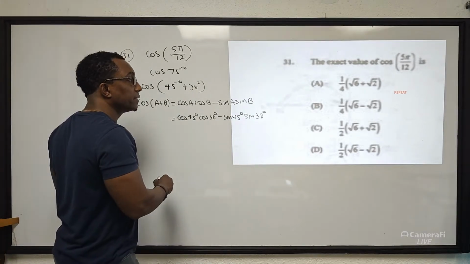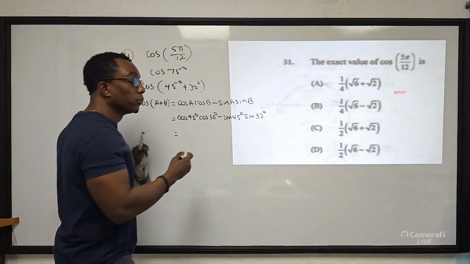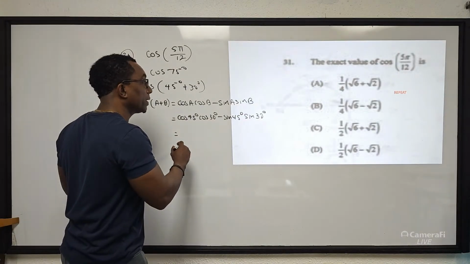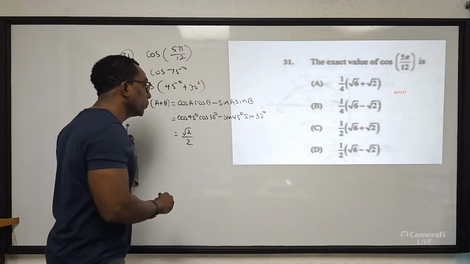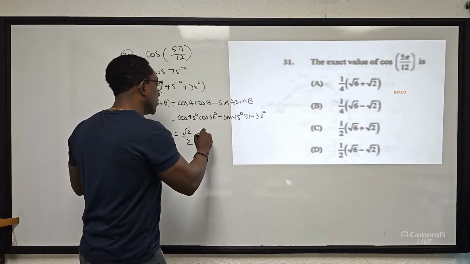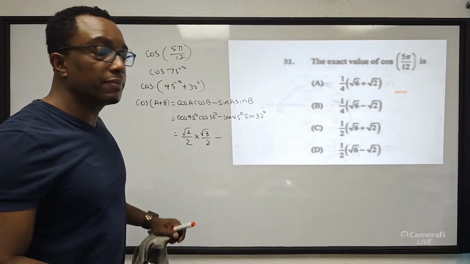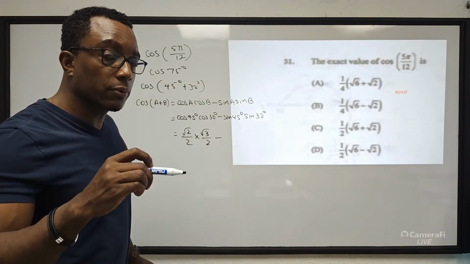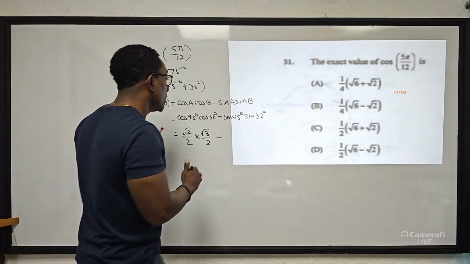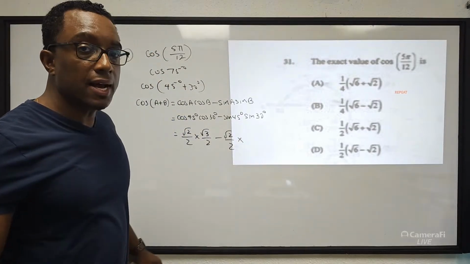Cos 45 degrees is 1 over root 2, but when you rationalize it, it becomes the square root of 2 over 2. Cos 30 degrees is the square root of 3 over 2. Minus sine 45 degrees is 1 over the square root of 2, which rationalized becomes the square root of 2 over 2, and sine 30 is a half.